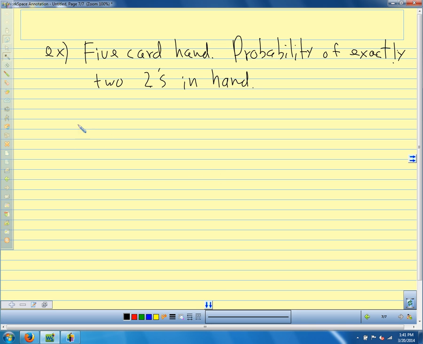So let's count up our ways. So our probability is going to be, well, what is our total number? How do we find our total number of possible outcomes? We have a 5 card hand, and how many cards are we picking those 5 from? 52. So our denominator is going to be 52 choose 5. So all the different ways we could arrange those 52 cards into groups of 5.